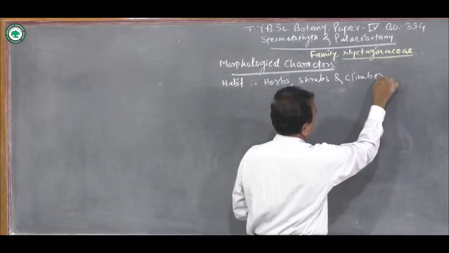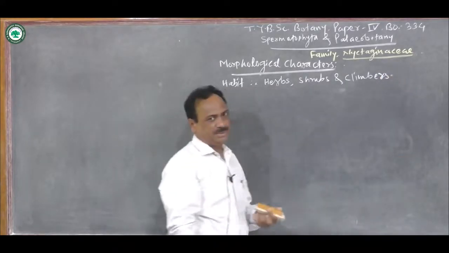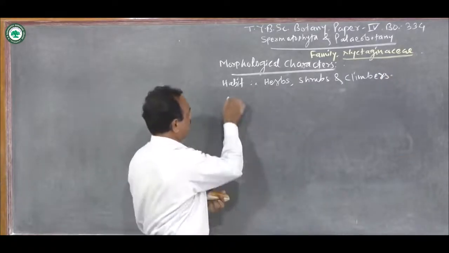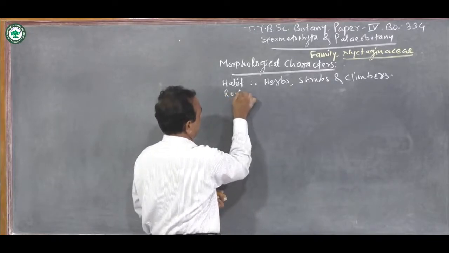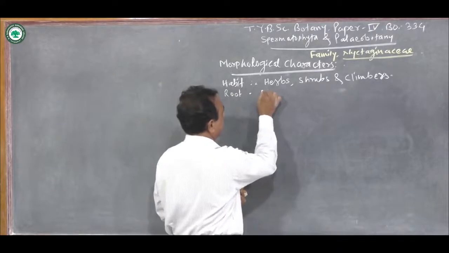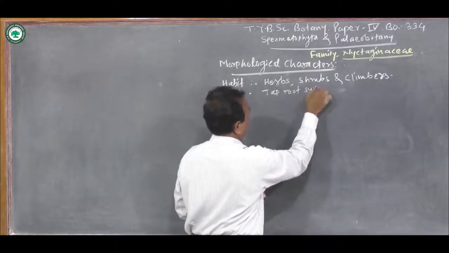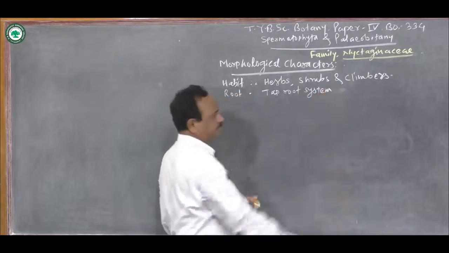Some plants are woody climbers. If we see the root system, as it is a dicot family, it shows the presence of the tap root system. So the tap root system is present.